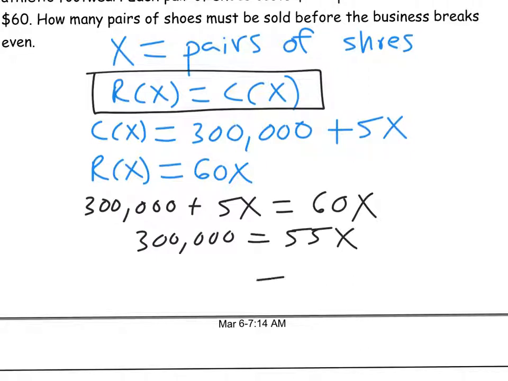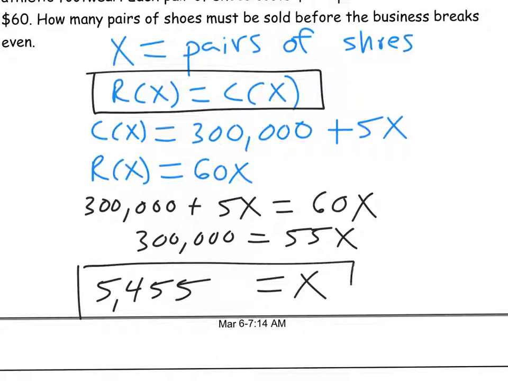If I were to subtract 5x from both sides, I'll end up with that. And now I divide by 55. And this would be a round up. If you get a decimal, if I want to break even, I got to round up to the next whole number. But 5,455 pairs of shoes I need to produce and sell. Once we hit that number, anything beyond that is going to be profit.